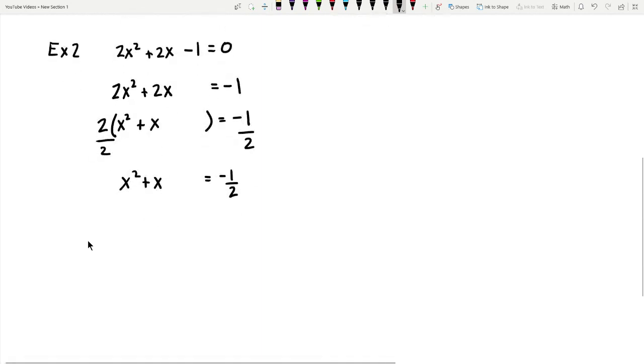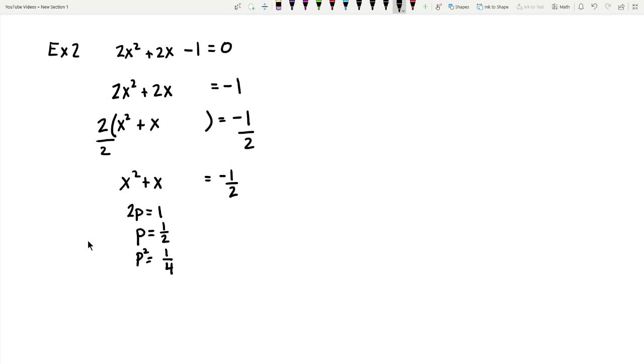So now my middle term coefficient is 1. So that means that 2p equals 1, which means p equals 1/2, which means p squared equals 1/4. All I'm doing to get from 2p equals 1 to p equals 1/2 is dividing both sides by 2.